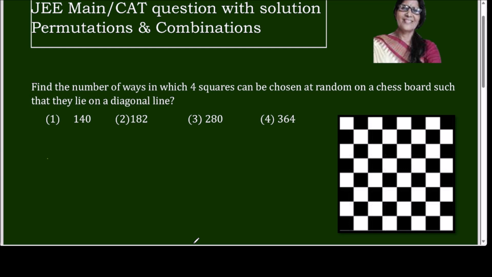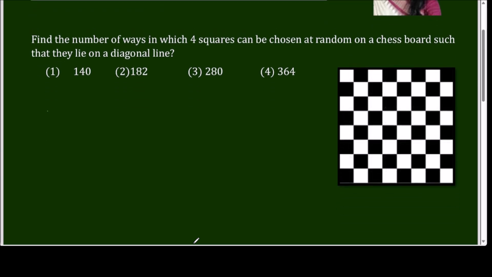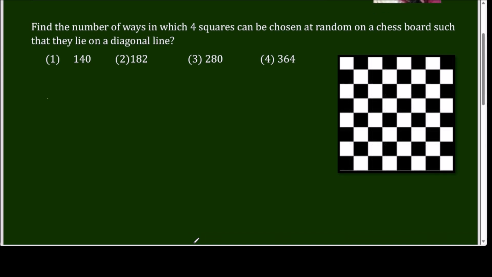Of course, this figure will not be given in the examination, so to make you understand, I have taken this book. To know about these diagonals, a chessboard is 8 by 8, 64 squares, as we know.